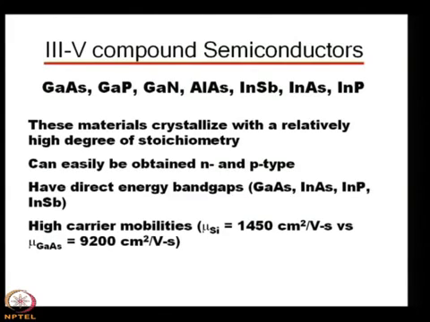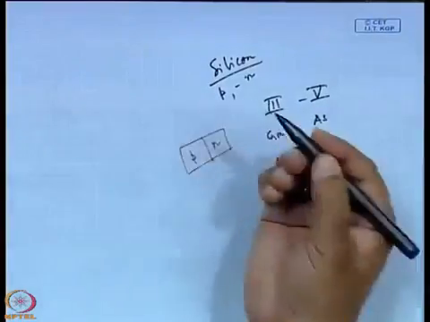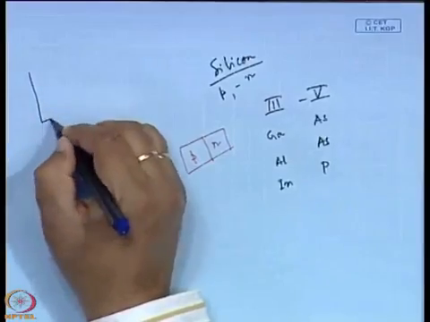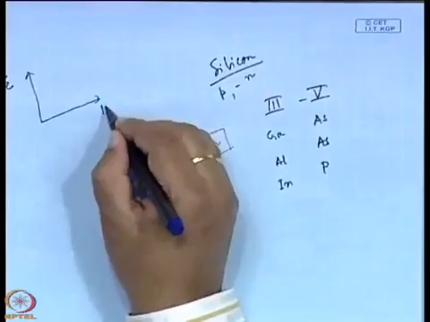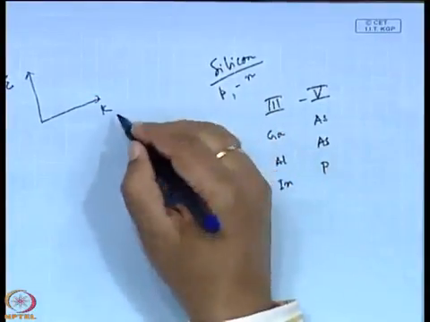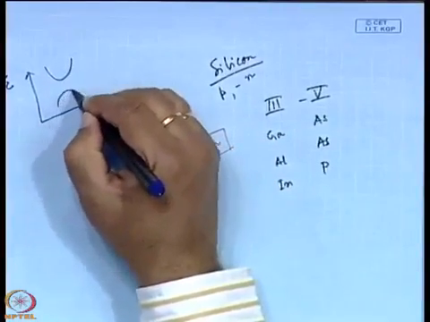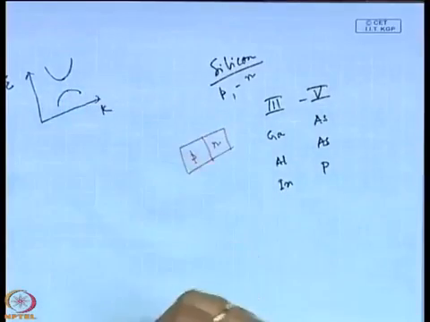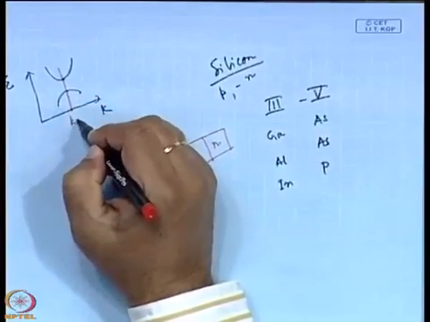Let me very quickly refresh your memory that there are two types of band gaps. One is the direct band gap semiconductor, where if you plot the band in the E-K diagram, E versus K, E on the y axis, K the wave vector on the x axis, which is nothing but the carrier momentum, then you see that the conduction band minima and the valence band maxima lie at the same K value, say K equals 0.